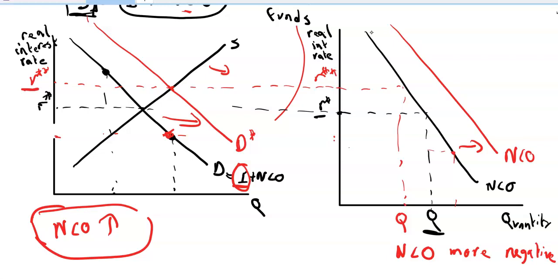As a result, interest rates go up because the local country wants to keep the money within the country, so it will pay a higher interest rate.